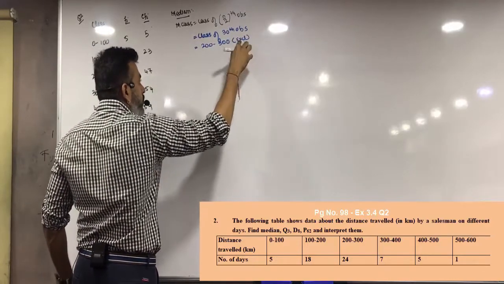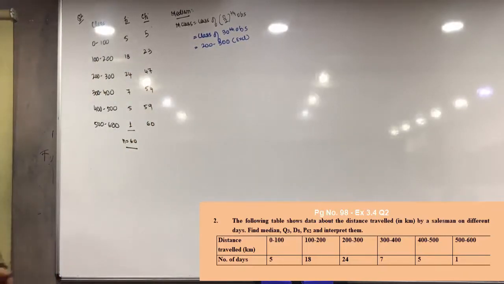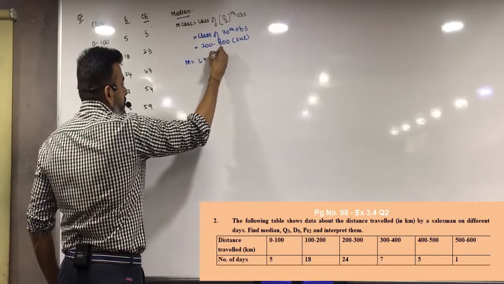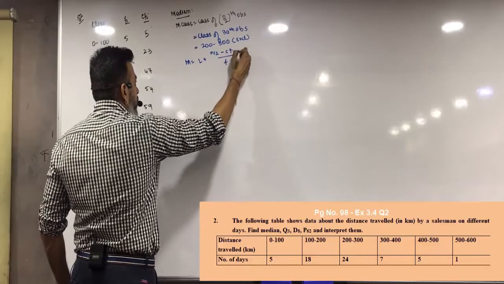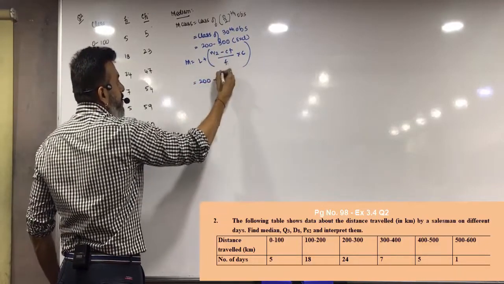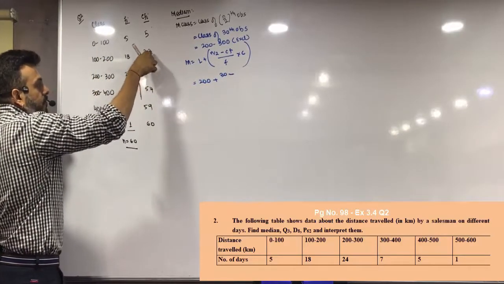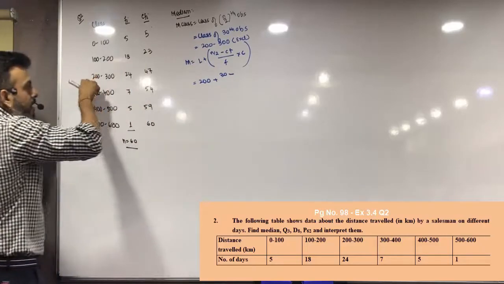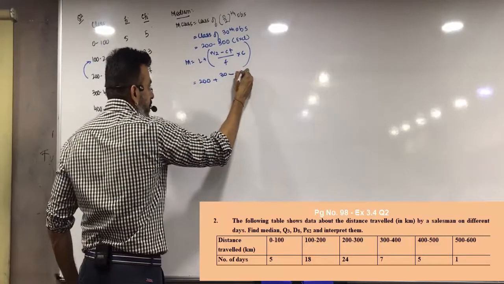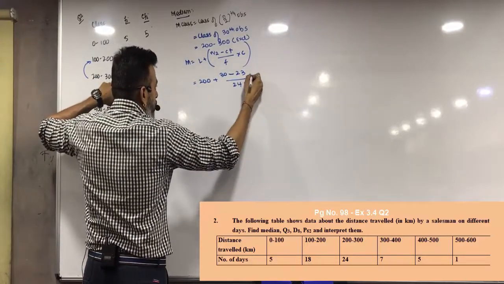Exclusive. If it is not exclusive, we have to convert it into exclusive. Now, median is equal to L plus n by 2 minus Cf upon F into C. Lower limit 200 plus n by 2, which is 30, minus Cf, the cumulative frequency of the class preceding the median class, which is 23, upon the frequency of the median class, that is 24.